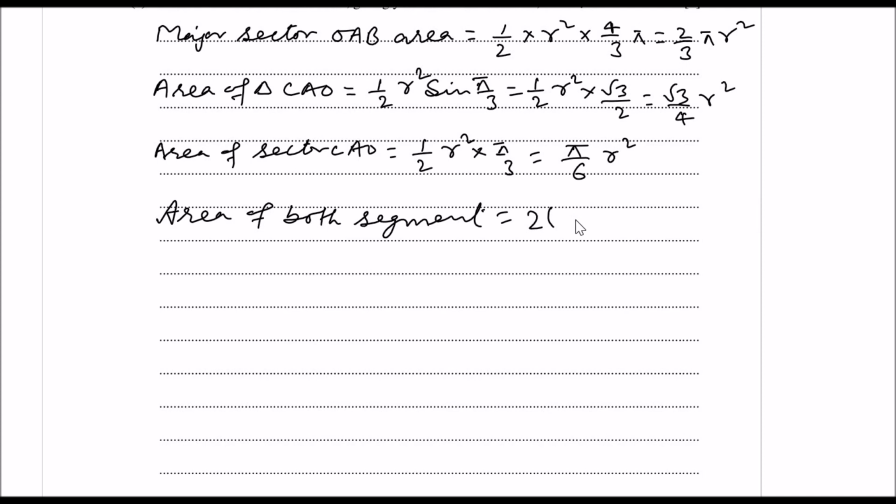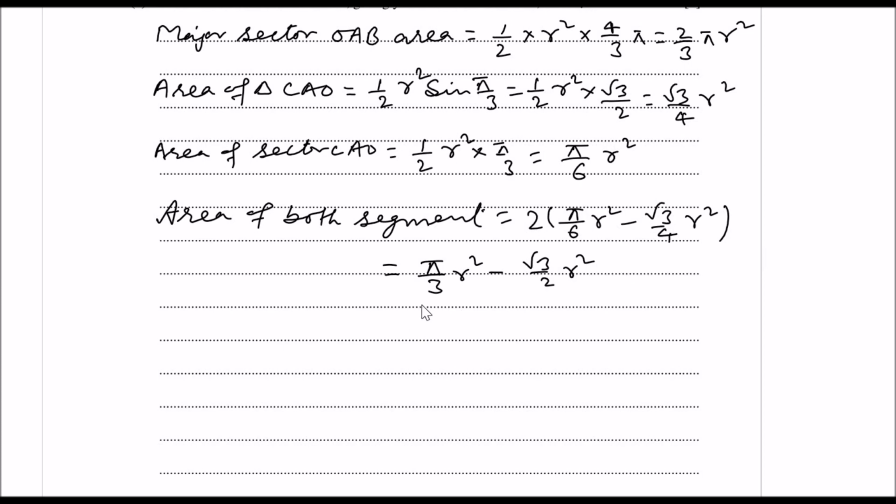We know that segment area is area of sector minus area of triangle. So area of sector is pi by 6 r square minus root 3 by 4 r square. If we multiply by 2 and simplify, we get pi by 3 r square minus root 3 by 2 r square. Okay, so this is done.